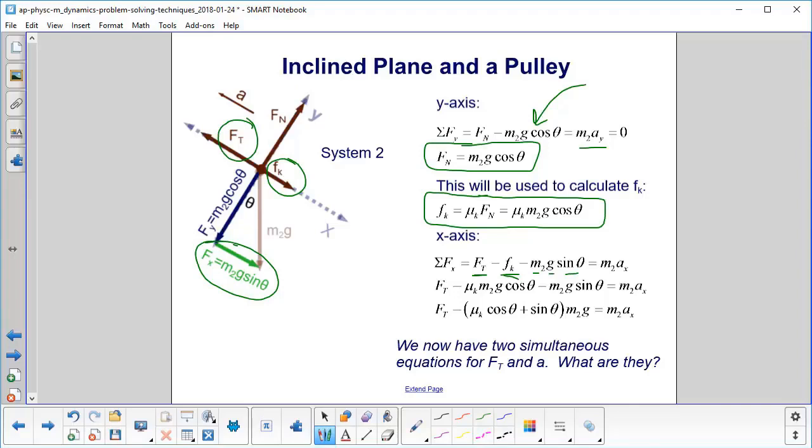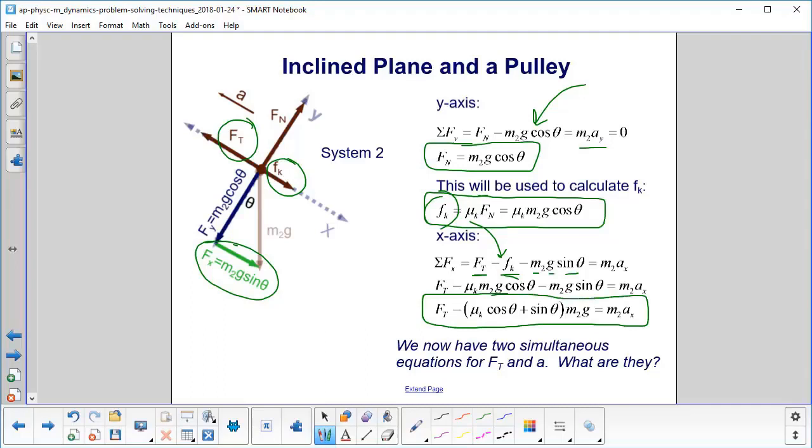And that's equal to m2ax. Now we substitute in our friction calculation. We get tension minus mu k m2g cosine theta minus m2g sine theta is m2ax. And then we just factor out the m2g to make this look a little nicer.